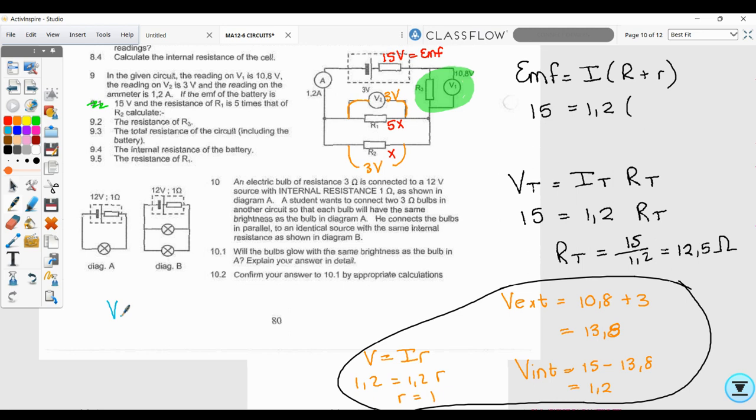You can say V external is equal to I times R external, as long as they're still the same. So we do have V external, that's the 10,8 plus the 3. So that's the 13,8. So it's kind of all the same thing. I is still 1,2.